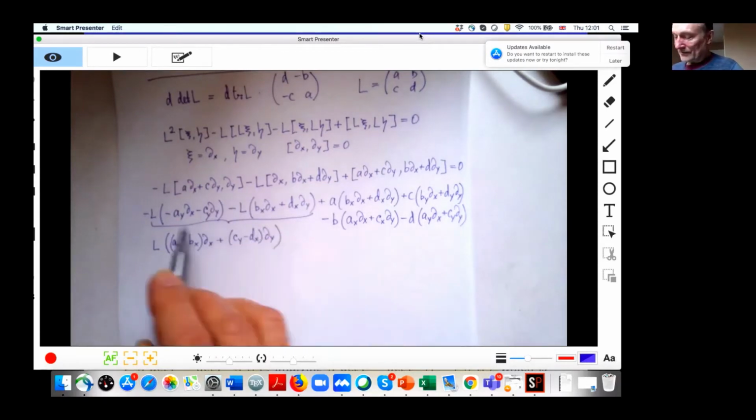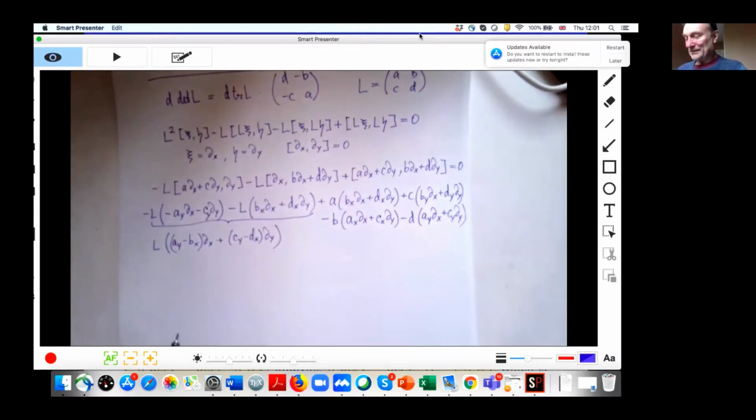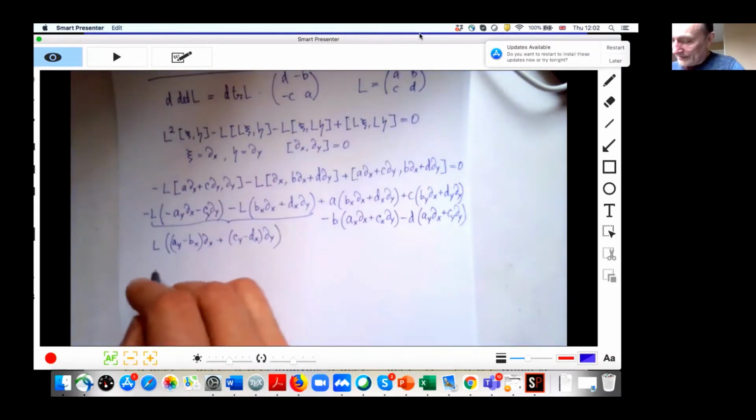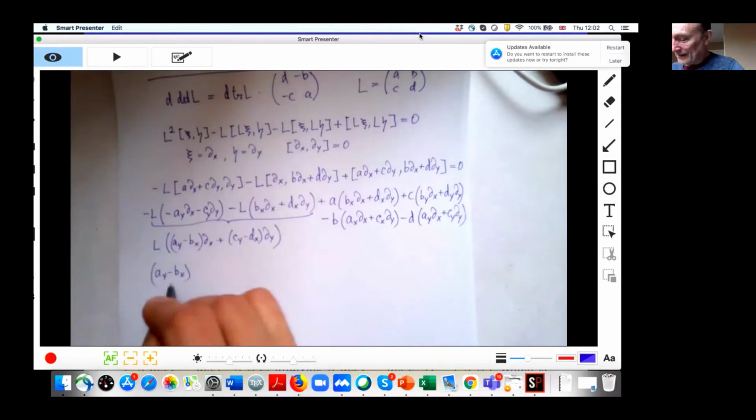And so if I apply L, I know that L applied to dx, this is a. I will write it down. So a y minus bx L to dx, so this is a dx plus c dy.